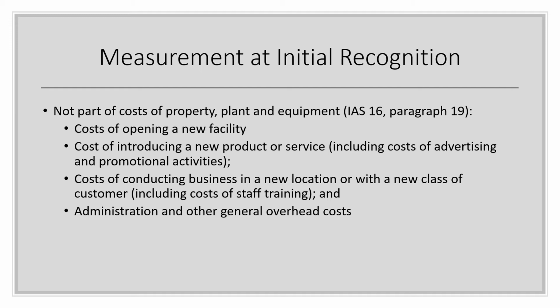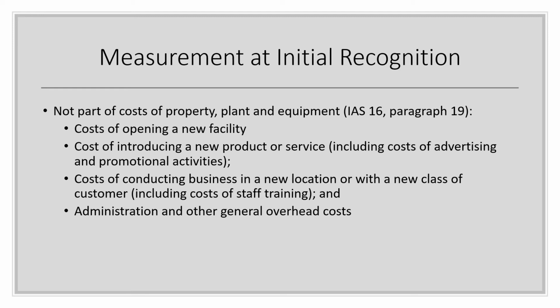These are examples of costs not part of the cost of property, plant, and equipment according to IAS 16, paragraph 19. First, cost of opening a new facility. If you look at all the examples, the asset is already ready to use. These are just additional expenses after the assets are already usable.